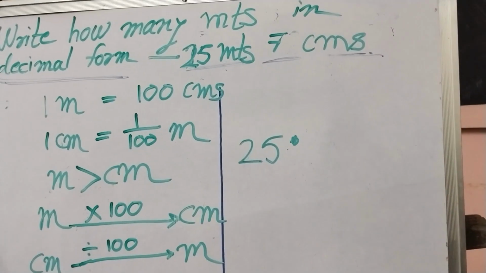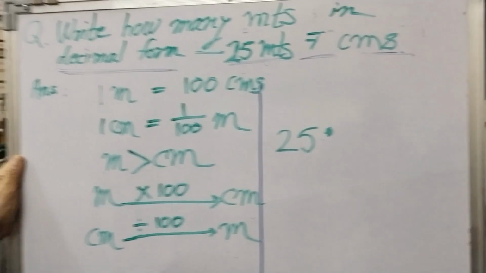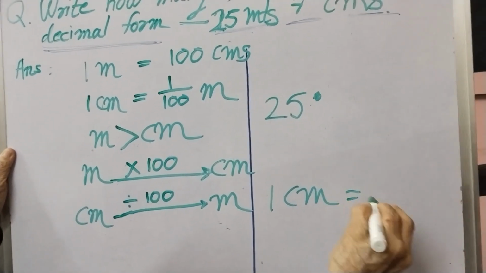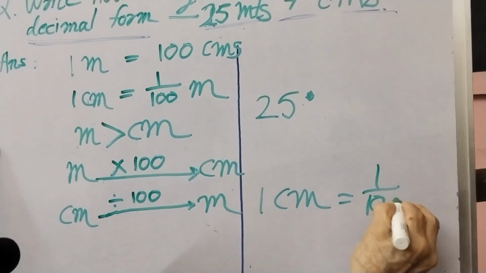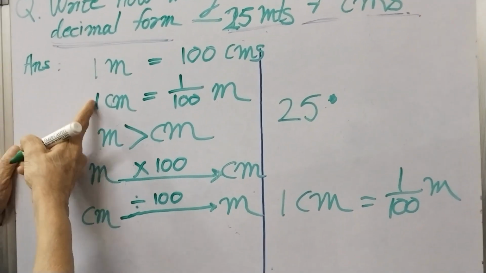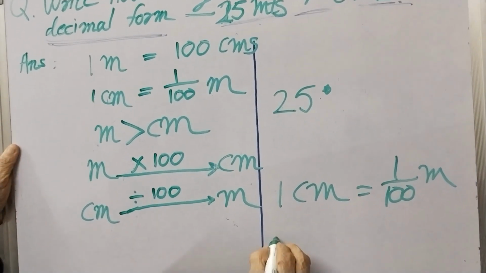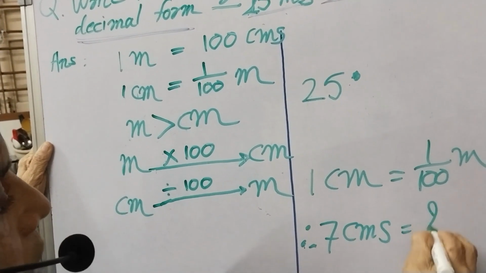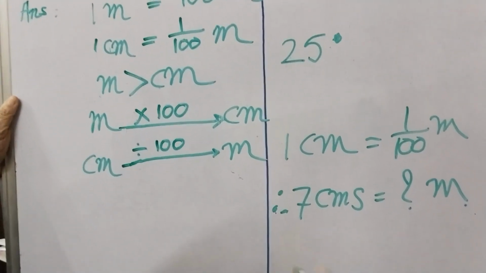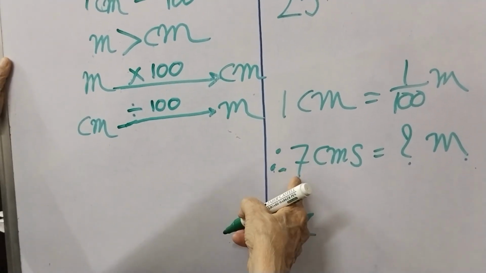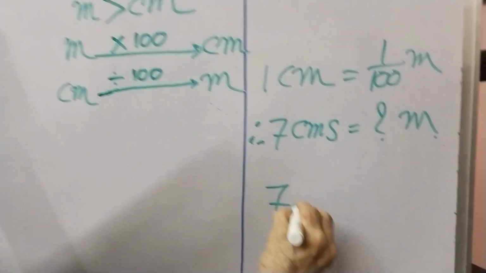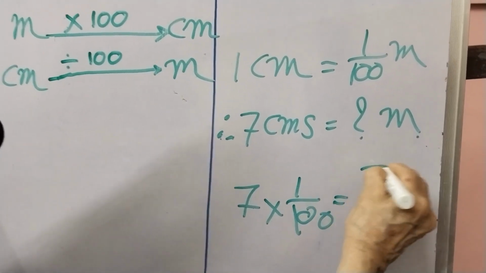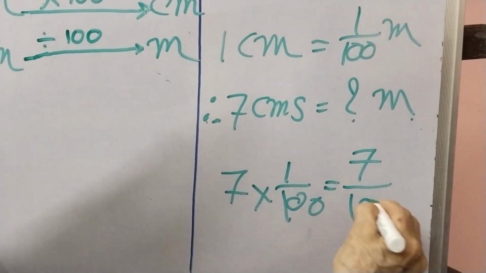7 centimeters. Now here we will have to write 1 centimeter is equal to 1/100th meter. This particular one we are using. Therefore, 7 centimeters is equal to how many meters? So we write 7 into this, means it is 7/100.